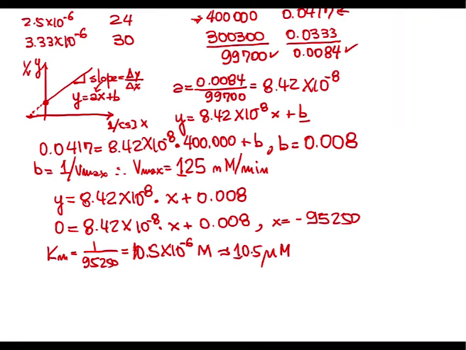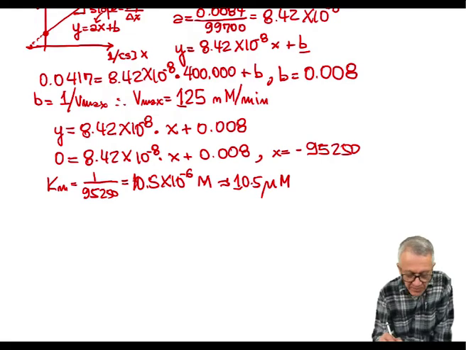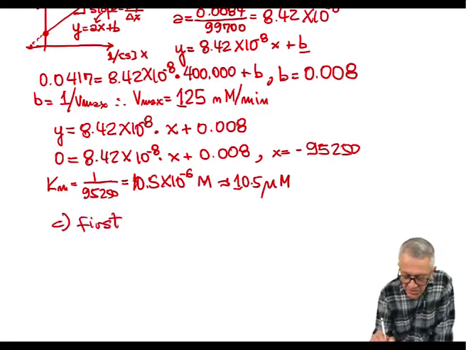The problem goes on, and they also ask you to calculate the first order rate constant for the enzyme concentration employed. Okay, so let's move a little bit up here. Let's do now part C of that problem. What we want to calculate here is the first order rate constant.